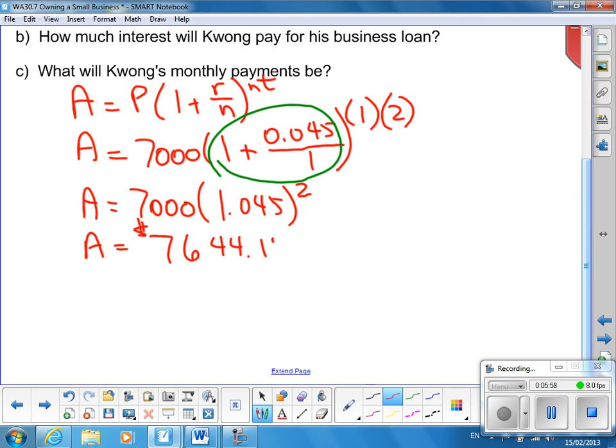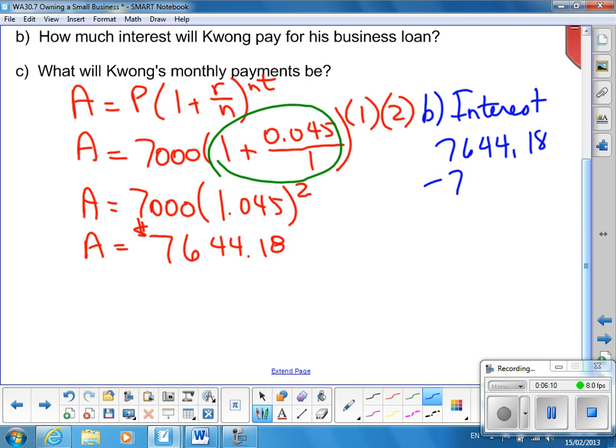Okay, how much interest did you pay? Well, you had 7,644.18. You started by borrowing 7,000, so your interest is 644.18. And how much will the monthly payments be?